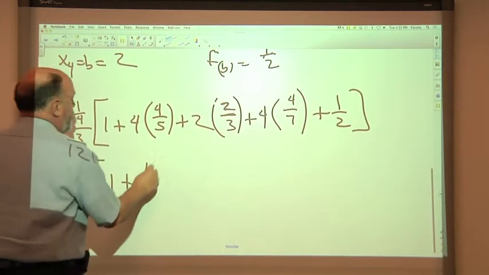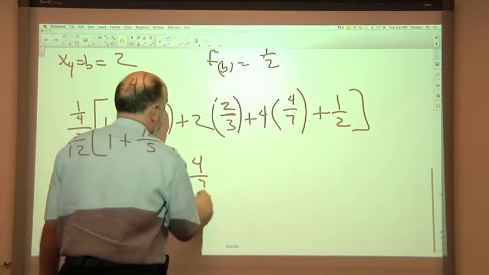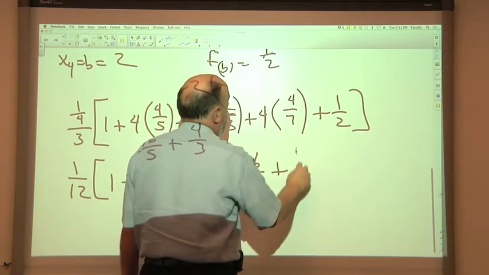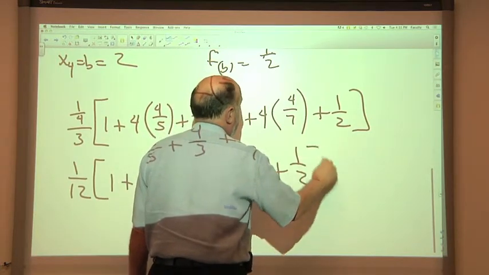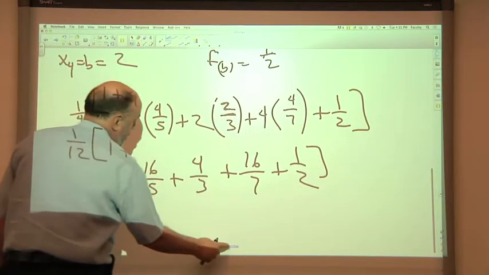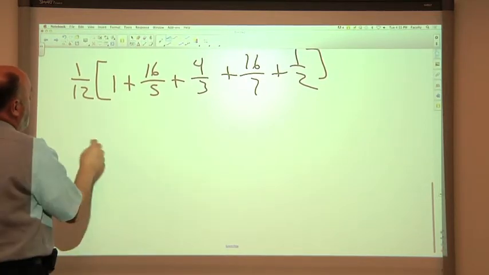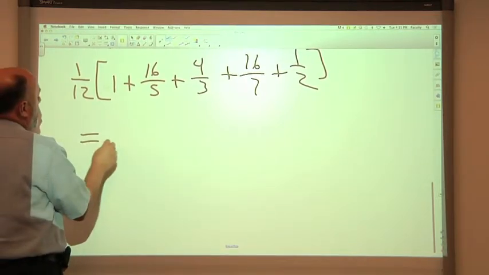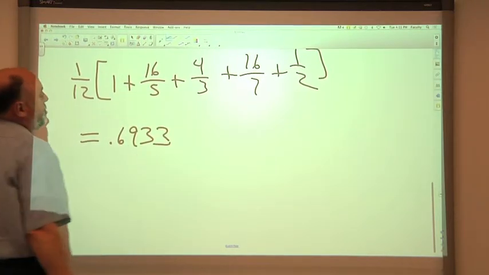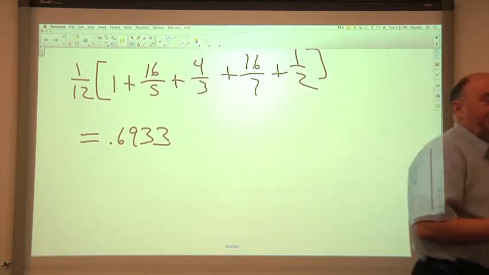So this is going to be 16/5. This will be 4/3. This will be 16 over 7, and that will be 1/2. And if you number crunch that out, you end up with a value of 0.6933. So we see that number is slightly different than what we got the first time.